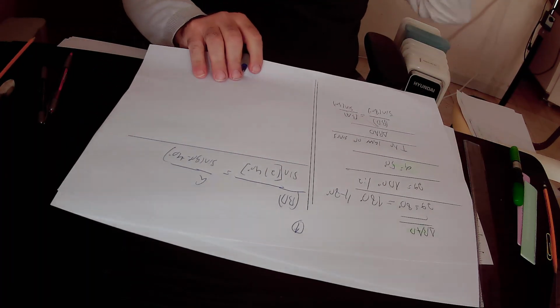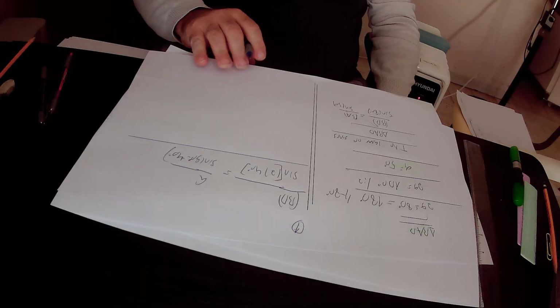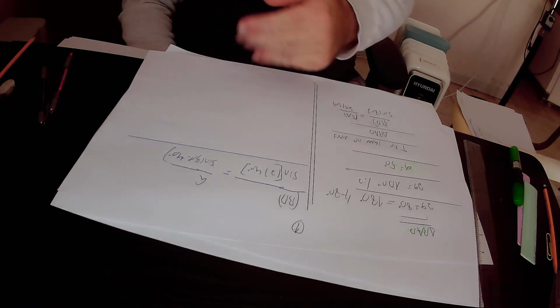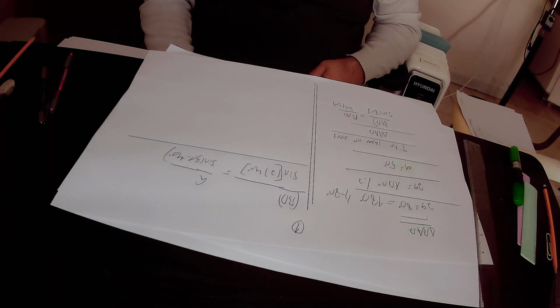In the next step, I will present two trigonometric identities, and we will implement them in this equation. The first trigonometric identity is as follows.